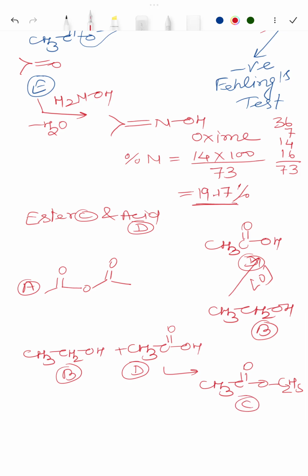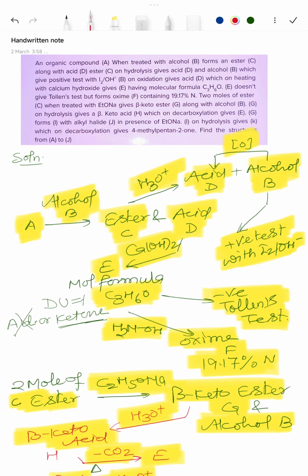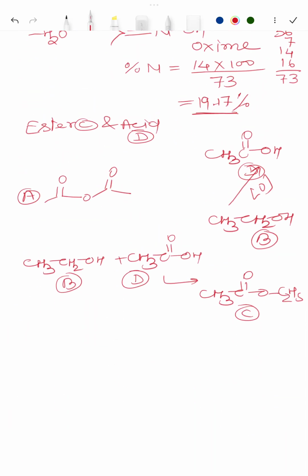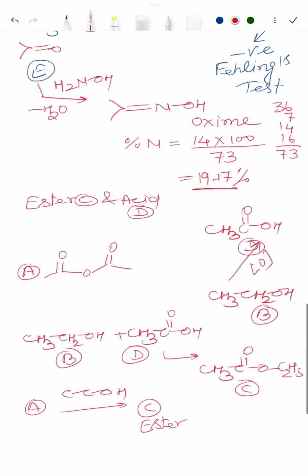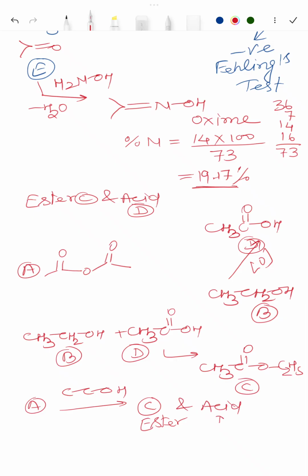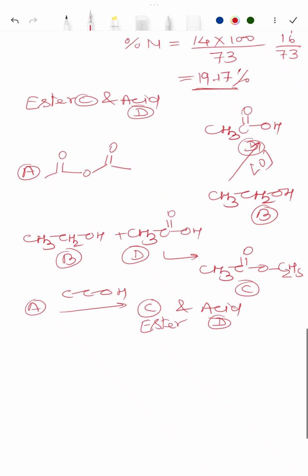Now when A reacts with alcohol B, C and acid D are formed. C is the ester. So what is actually C? Here B reacts with the anhydride, and the OH of the alcohol attacks it. When you react it, the compound goes this way: O⁻ comes, a positive charge forms, and so on.